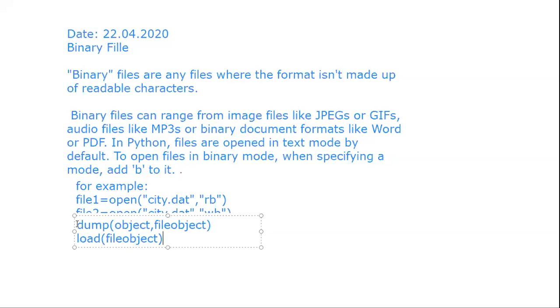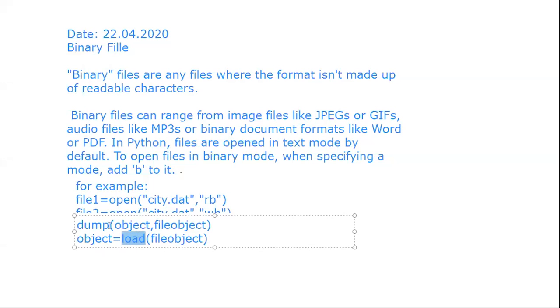So dump uses two parameters. One is the object, your dictionary object or list object, and the other is the file object. And load requires the file object, where the data is stored. So remember the syntax of dump and load.